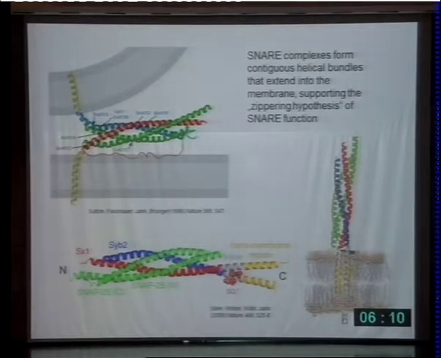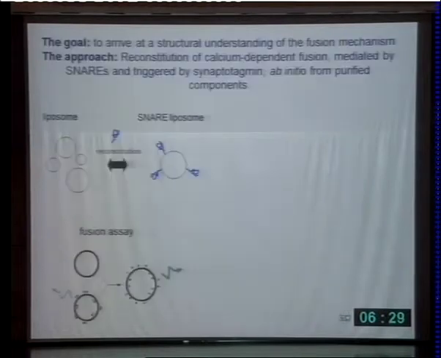And there was a 10-year long debate until I found a very talented graduate student named Alexander Stein who finally managed to crystallize the full-length SNARE complex. And to our fun, we realized this is a contiguous helix extending into the membrane, very nicely confirming the zippering concept of SNARE function.